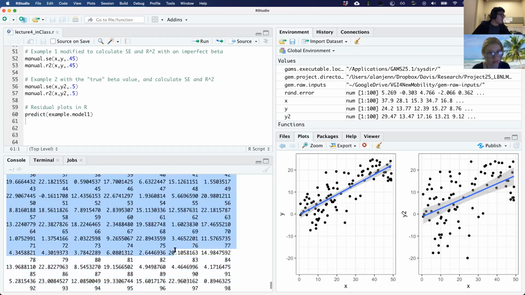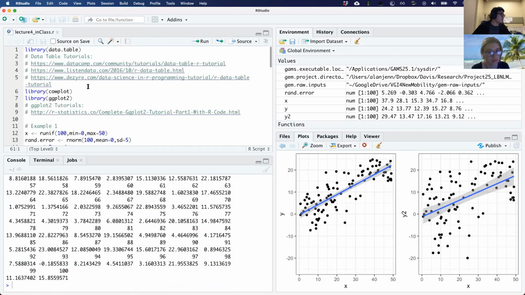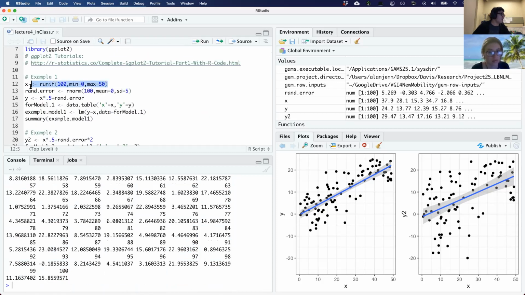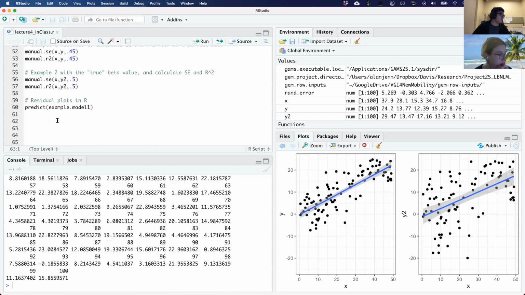So these 100 points correspond directly as predictions to my y here. So it's going to be what the model is predicting y is for each of these x's. So that's how we get the y hat.